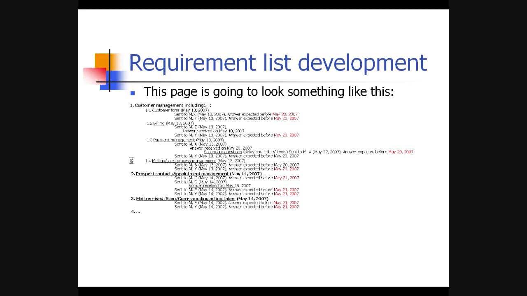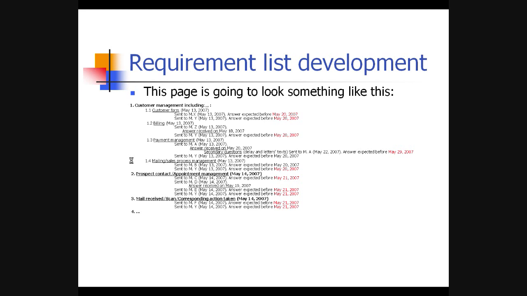As you can see, I took the same function description that we had in the example in 1A: customer management, including customer form, billing, payment management, mailing, sale process management, except that now it's separated into several sub-parts, each corresponding to one specific function.